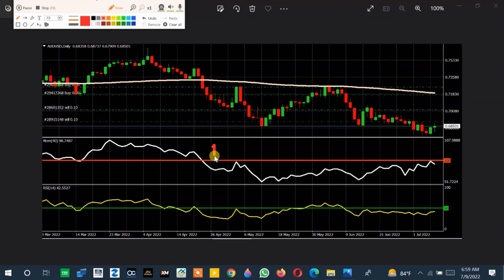That means the first criteria is fulfilled, because the momentum indicator crosses below the 100 level. Okay, and next our second criteria, RSI below the 50. Yes, RSI is below the 50, so the second criteria is fulfilled.